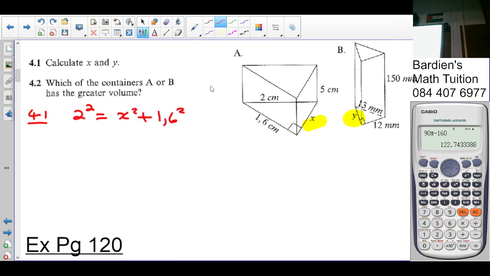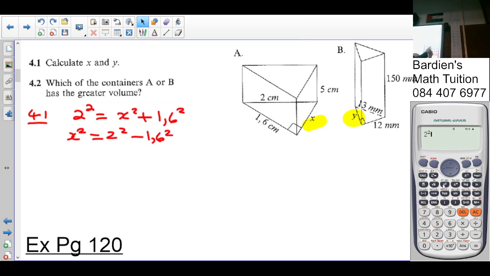So x squared is equal to 2 squared minus 1.6 squared. The square root thereof gives you 1.2. So x is equal to 1.2 centimeters. Not so?